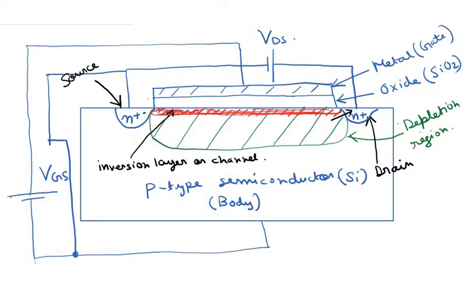Electrons can only flow from n semiconductor to p semiconductor, or in other words, current can only flow from p-type semiconductor to n-type semiconductor.